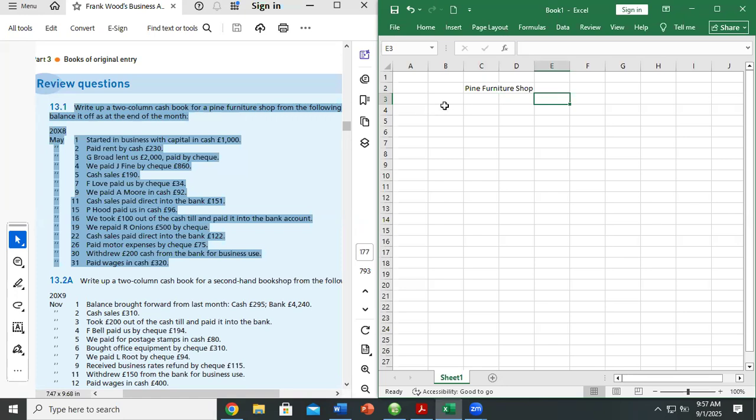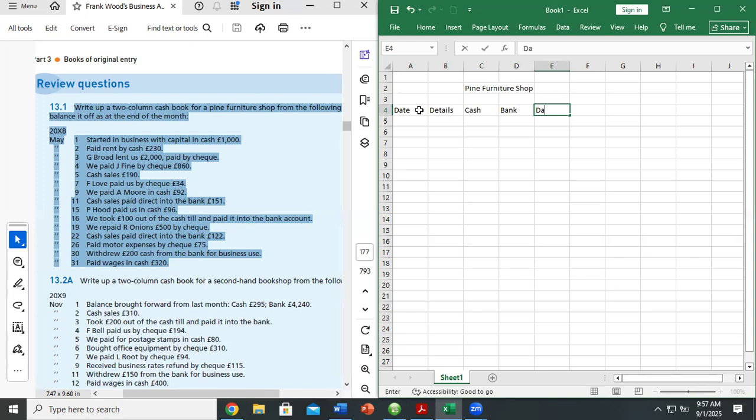So for the two-column cash book, we all know that we begin with our date, details, and then a column for cash and one for bank, right? So let's do that here. Date, details, then a column for cash, and then a column for bank. Then we do the same on the right-hand side, that's the credit side.